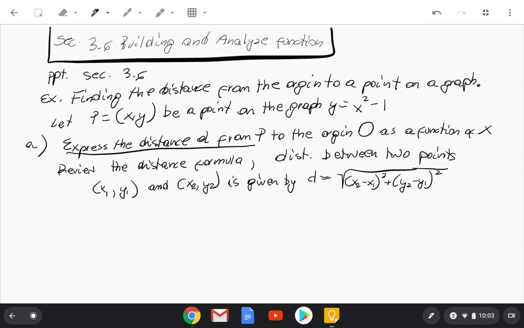So this is the distance formula when 2 points are given.